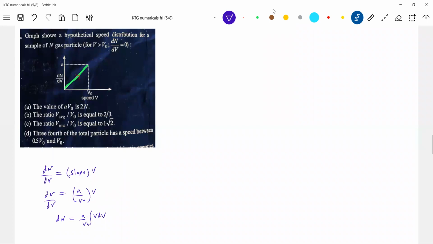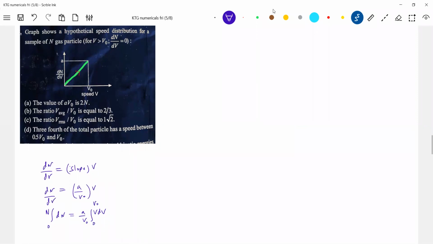So this total number of molecules is N. The speed distribution is how much? 0 to v naught. Okay, solving this, total number of molecules equals A v naught square by 2.